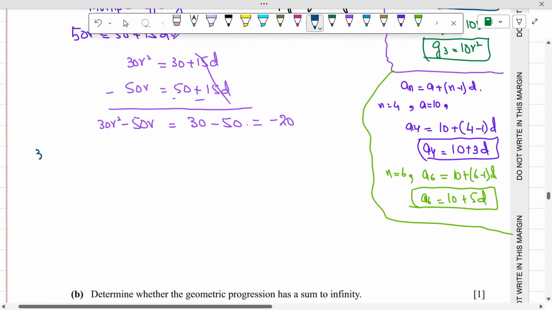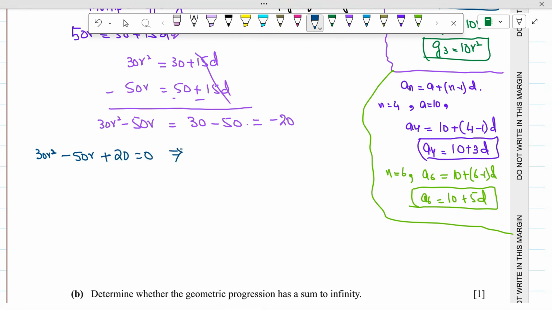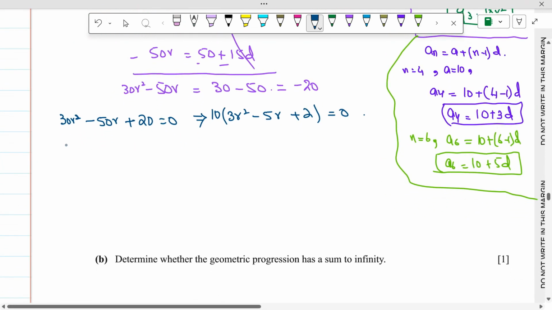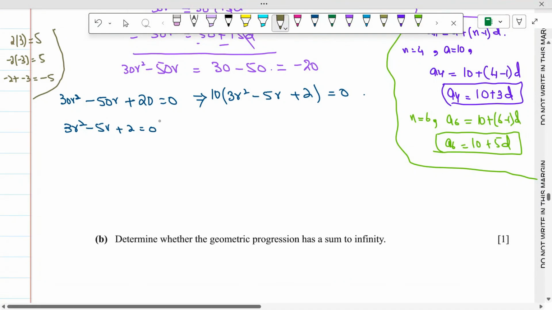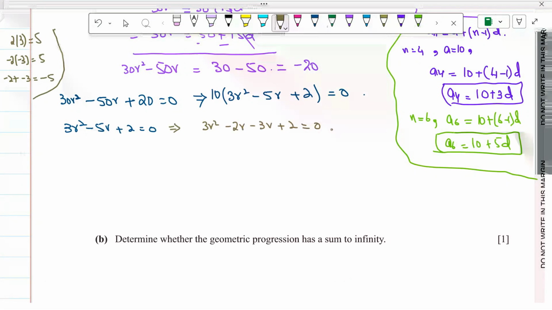So we will have 30r squared minus 50r plus 20 equal to 0. Taking 10 common, we will have 3r squared minus 5r plus 2 equal to 0. So we have the quadratic equation 3r squared minus 5r plus 2 equal to 0, and this quadratic equation can be solved by factorization. So this equation can be written as 3r squared minus 2r minus 3r plus 2 equal to 0.